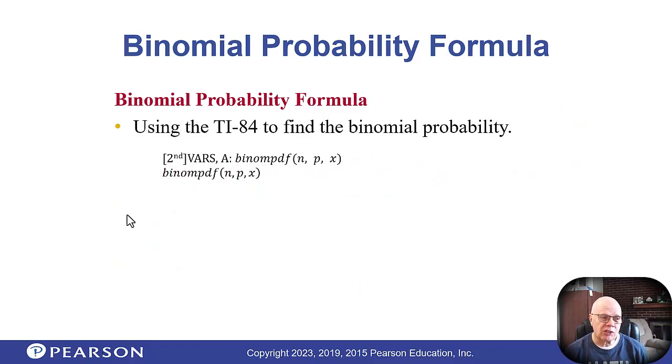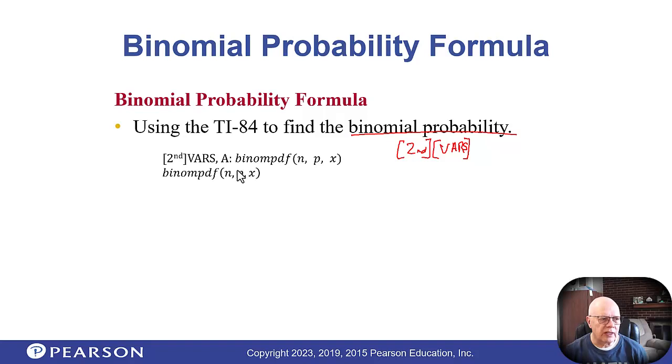We are going to use the TI-84 to do this. And to get to binomial probabilities, you're going to hit the second key, which on some of your calculators will be blue. It might be gold on some. And after hitting that, you'll hit the VARS key.